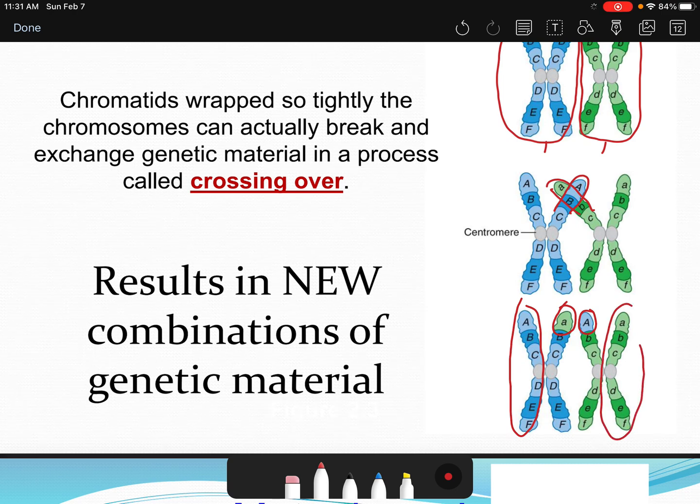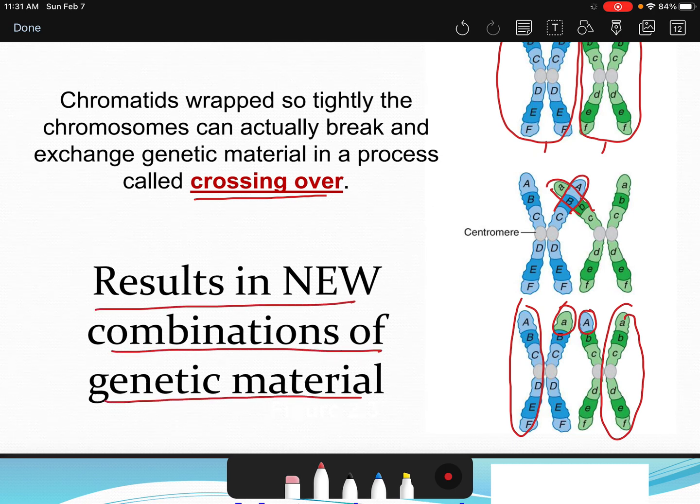This one stayed the same over here. So if you look at all these, all 4 of these chromatids are different. So crossing over results in new combinations, or what we call genetic variation.